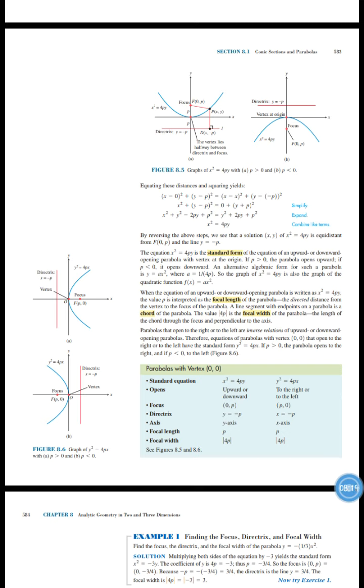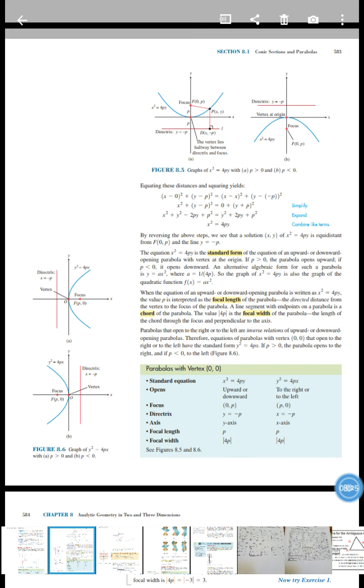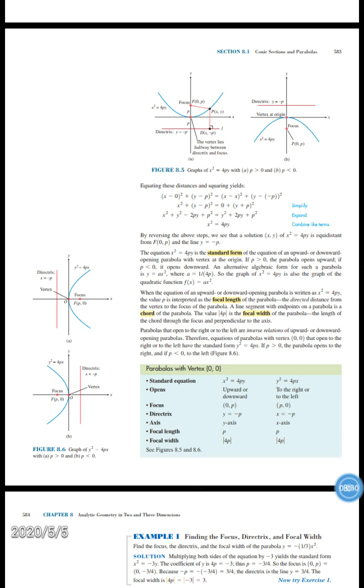When the graph opens up or down, your directrix is y equals negative p, but your p would be negative or positive depending on what you have. So that's the standard form.